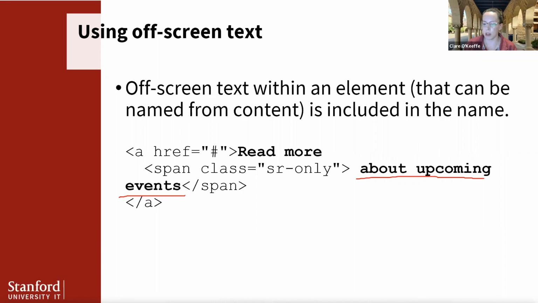So now the algorithm will go through and pick up the inner text content of read more, as well as the content of this span. So the accessible name will have both of those, and it will be read more about upcoming events. This is a good way to provide supplementary information to a link without necessarily having to put it on the screen.